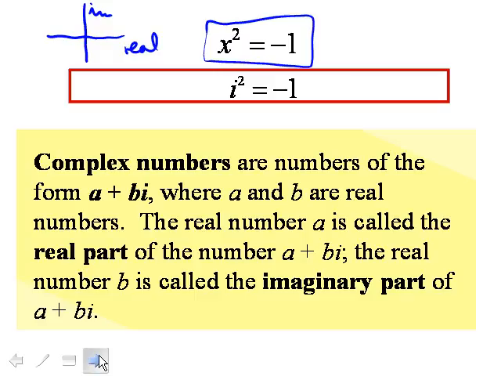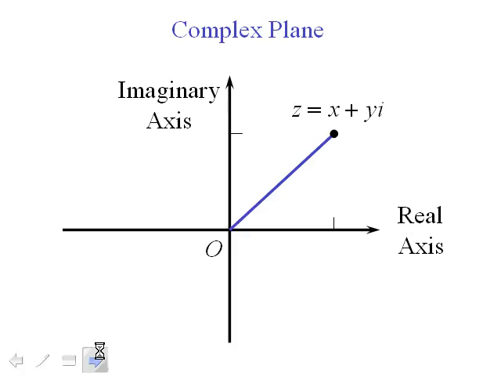Numbers of the form a plus bi, where we're going to look at combinations of real numbers a and real numbers b as coefficients of this new imaginary unit i to locate points in the plane. So the plane will represent not x and y coordinates, but an axis for the real part on the horizontal axis, and the imaginary part calibrates the coefficient to measure in the vertical direction, a vertical axis.